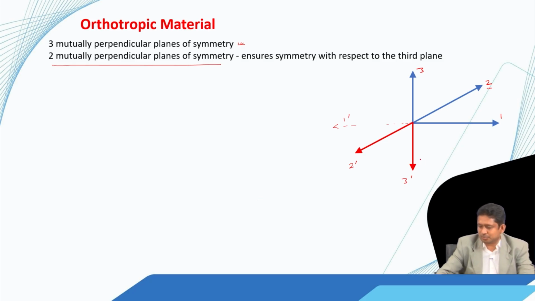Now, in the last class we talked about monoclinic material, and we already saw the conclusion of inverting 3 to 3 prime.